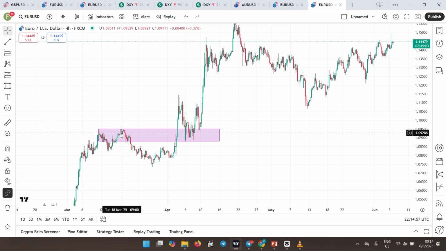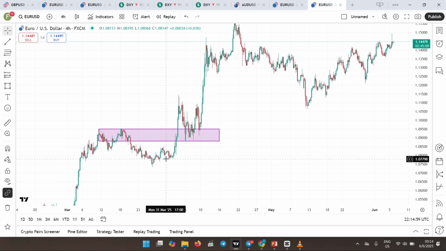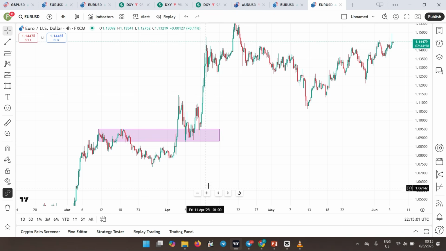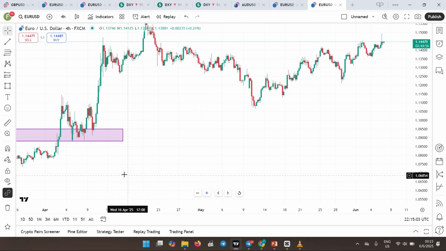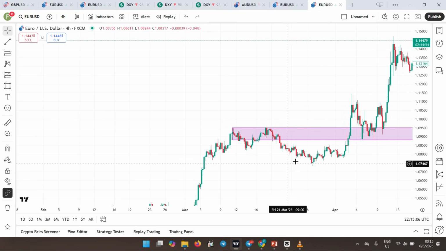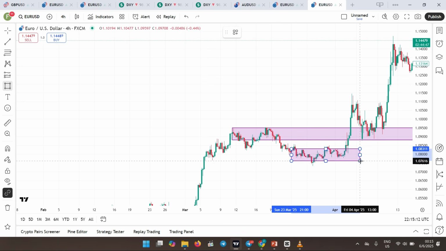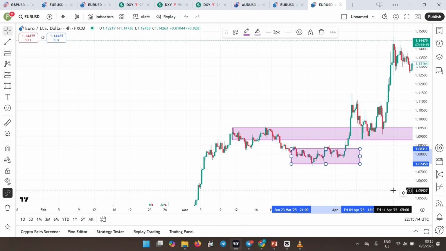Guys, we can see that there were a lot of indecision candles right here. Can you see them? These candles. We have a lot of indecision candles here, right?